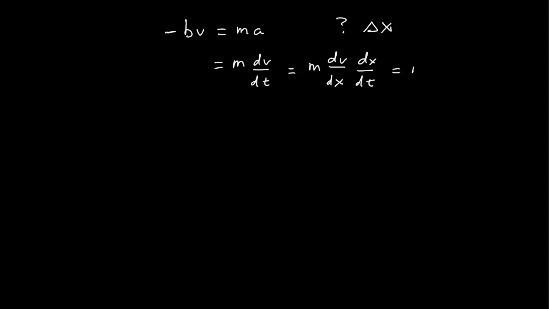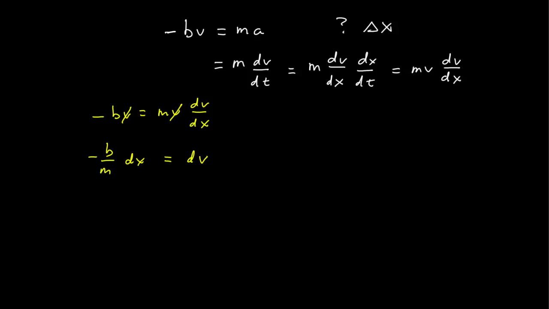So this is equal to mass times the velocity times dv/dx. Now we have negative bv is equal to mv dv/dx. These v's cancel, and we can do separation of variables with respect to x and v. So we have negative b over m dx is equal to dv.